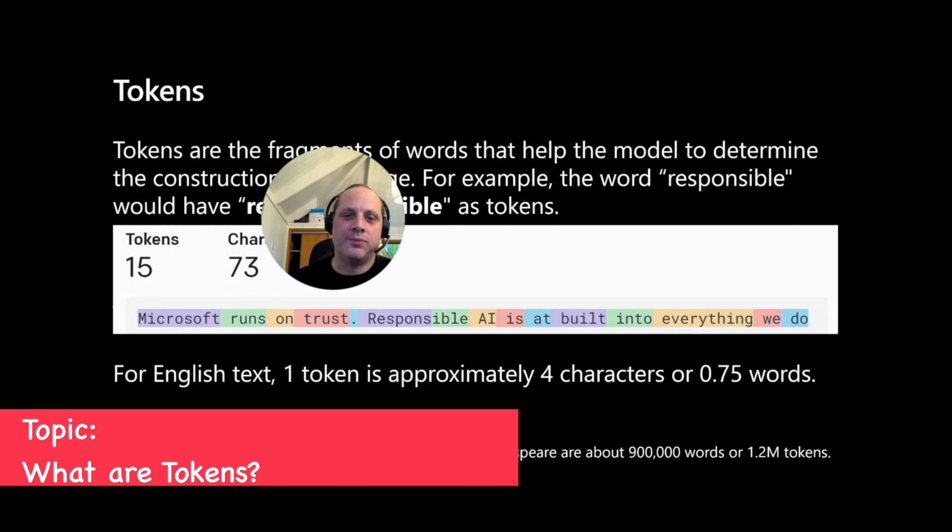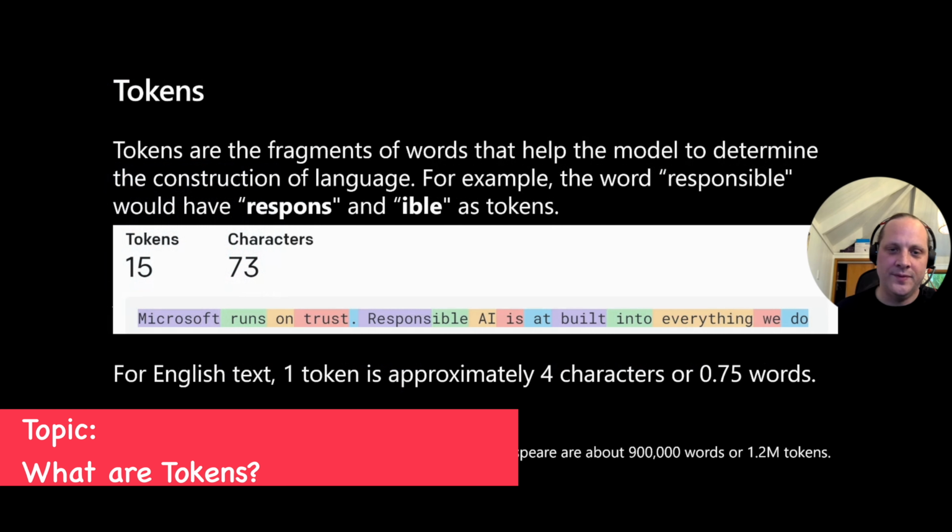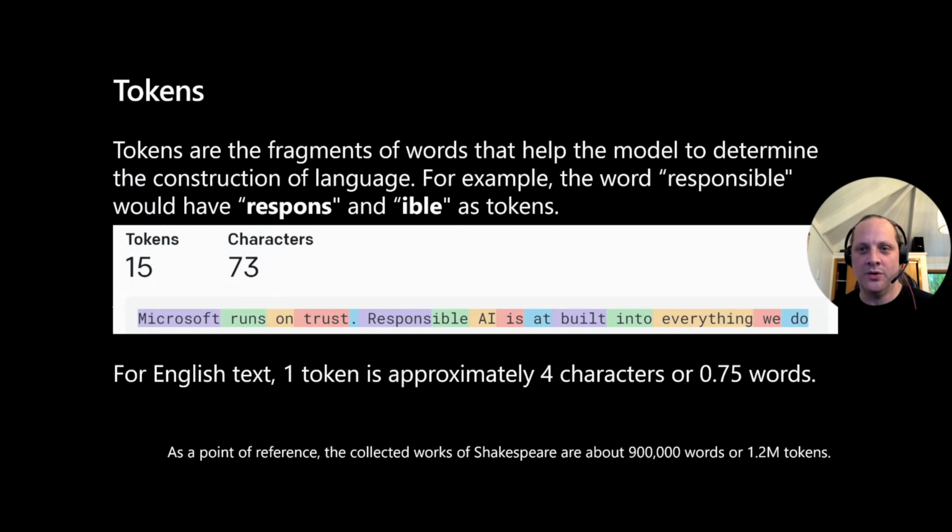And I've previously referred to tokens. This is another important concept. These models don't predict the next word in a series of inputs. They don't predict the next letter. They always use tokens.